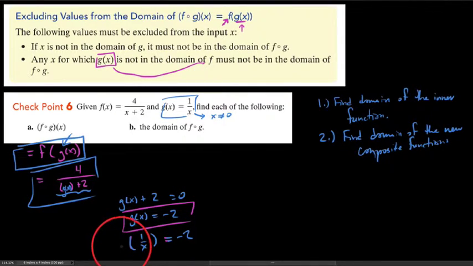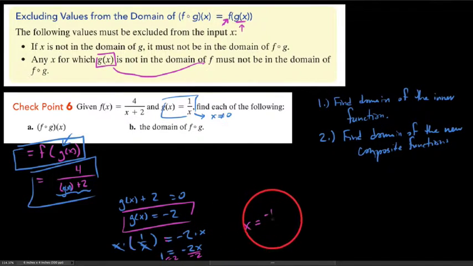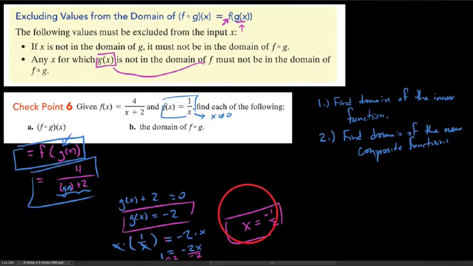We take both sides of this equation times the least common denominator, which is x. The x's cancel, and we get 1 equals negative 2 times x. Dividing both sides by negative 2, we end up with x equals negative a half. So the domain of this new composite function is that x is not allowed to be negative a half.